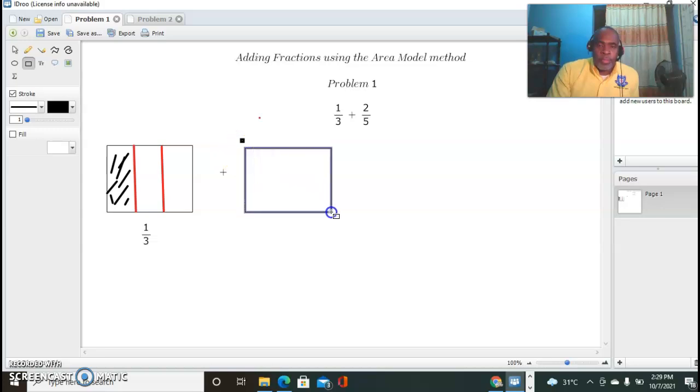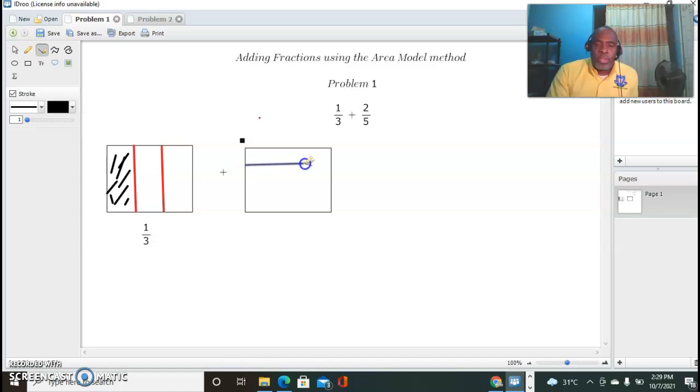Now, how many parts am I going to divide this rectangle into? Did I hear 5? Yes, it is 5, because the denominator for the second fraction is 5. So let's divide it into 5, but I'm going to go opposite now. I did this vertically, now I'm going to do this horizontally. So you have to remember that method, right?